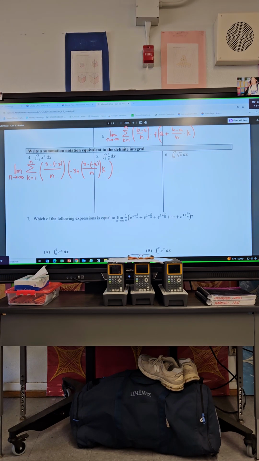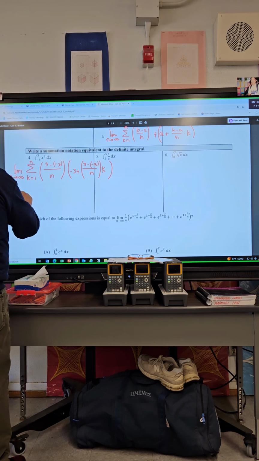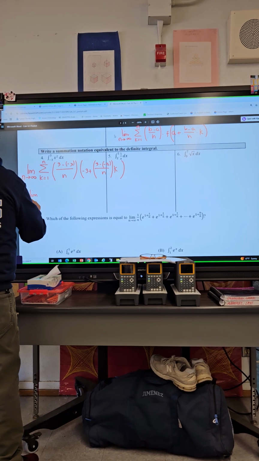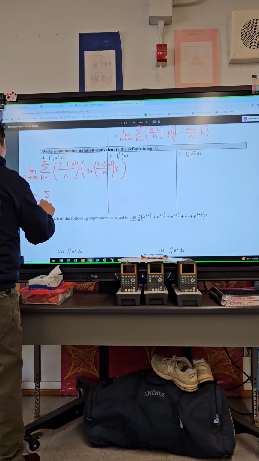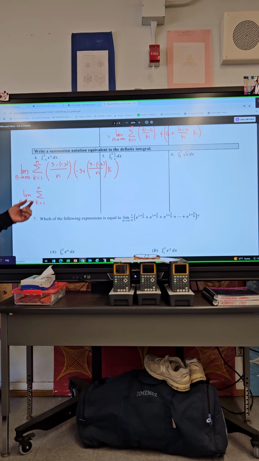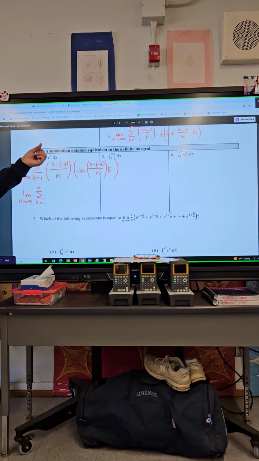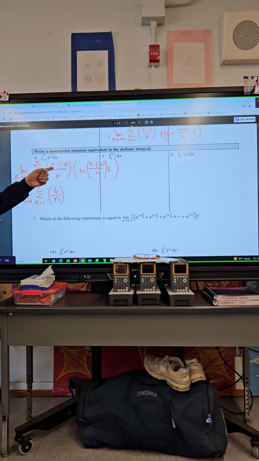Okay? So we're gonna simplify. So the limit as n approaching infinity, the summation of k equals 1 to n. And what is 3 minus negative 3? 6. It's gonna be 6. So we say now 6 over n. Now is this clear, guys?